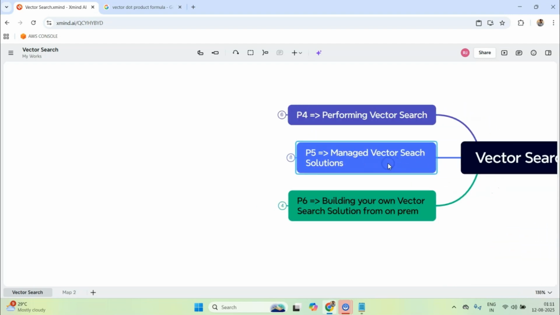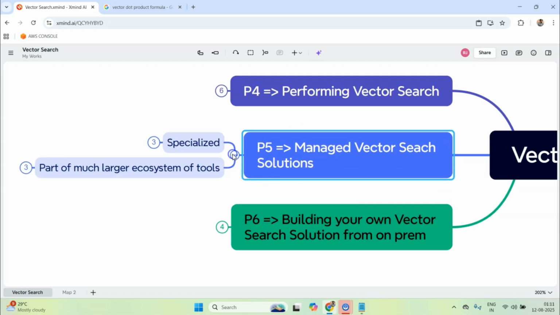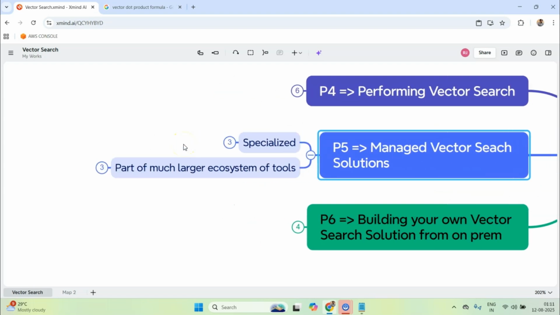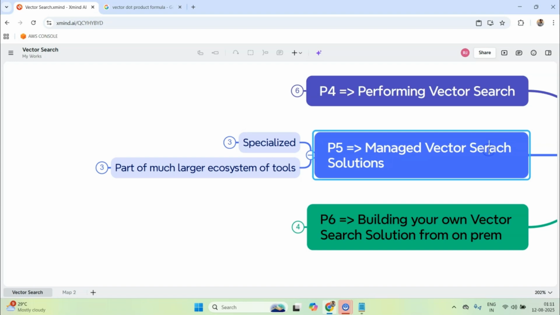Now we have the next section, managed vector search solutions, and I have categorized this into two parts. There are specialized companies which are doing this as a full-time thing.